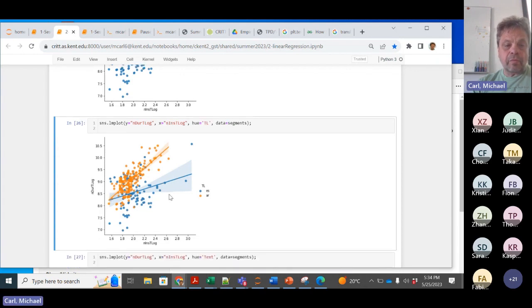So how would you interpret such a graph? Well, in both cases, we can see that the line goes up, which means that the more insertions there are, the longer the translator needs.